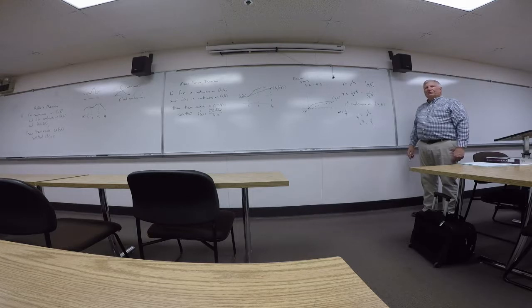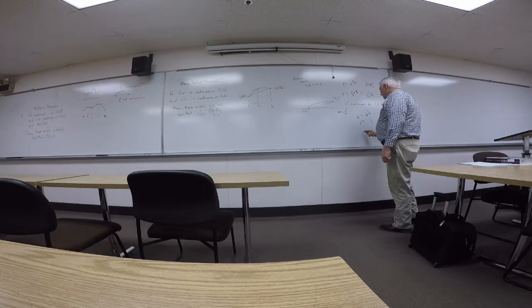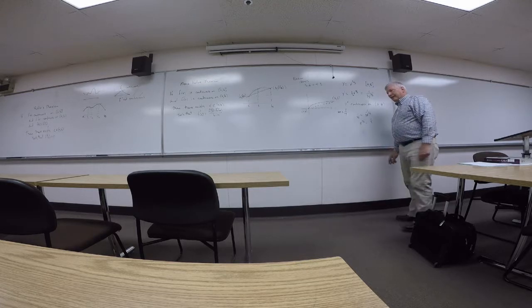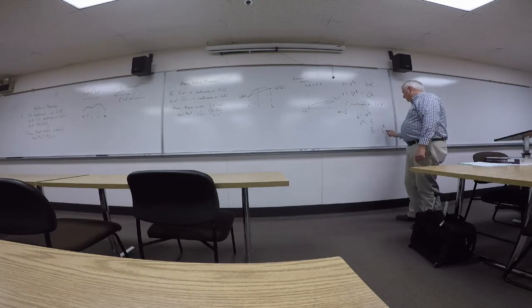If I raise both sides to the 3/2 power, x is equal, what's 4 to the 3/2? Square root of 4 is 2, 2 cubed is 8. So 4/3 to the 3/2, which is 8 over 3 times square root of 3.